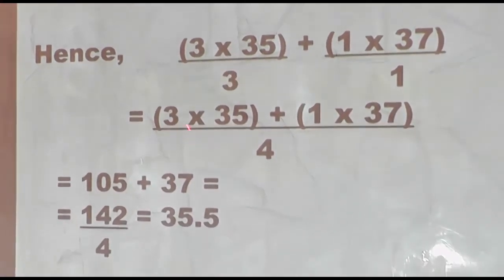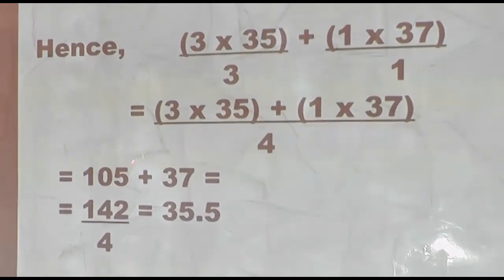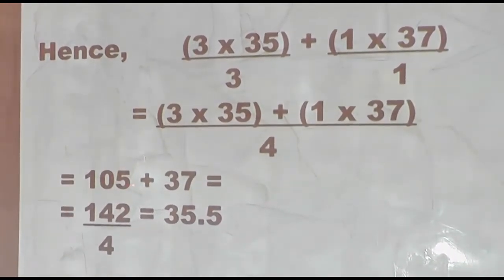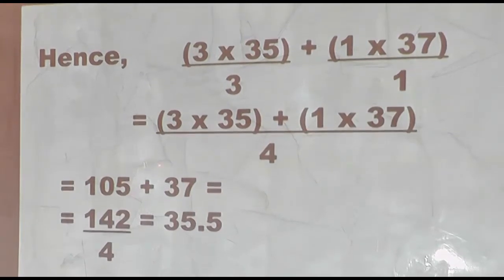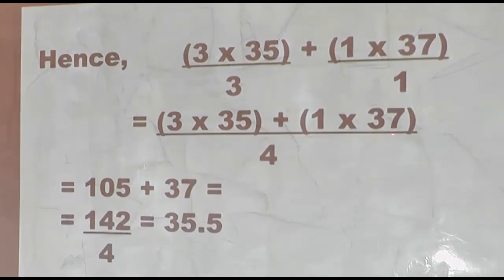4. 3 times 35 will give us 105, plus 1 multiplied by 37, which gives us 37. 105 plus 37 will give us 142.